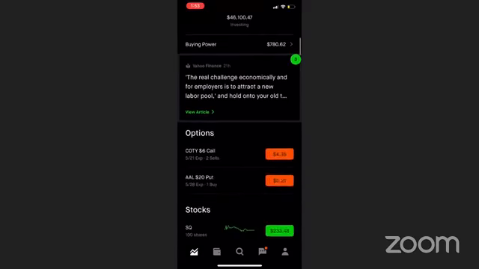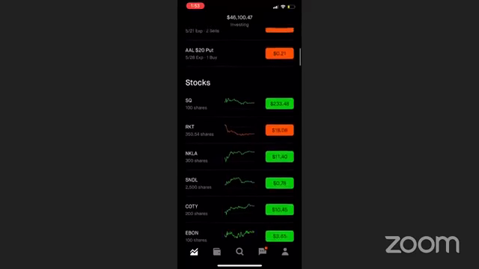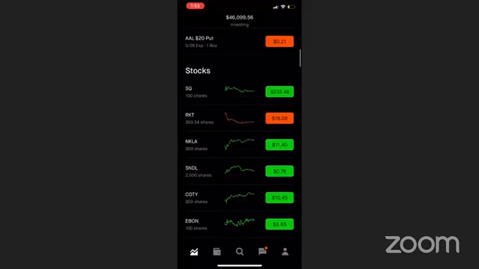options primarily. So if you look at the stocks here in this portfolio, it's 1, 2, 3, 4, 5, 6. There's only 6 stocks. This portfolio has 46K in it. It's only 6 stocks. So I see a lot of people who have accounts of 2,000, 3,000, and they got 20, 30 stocks.